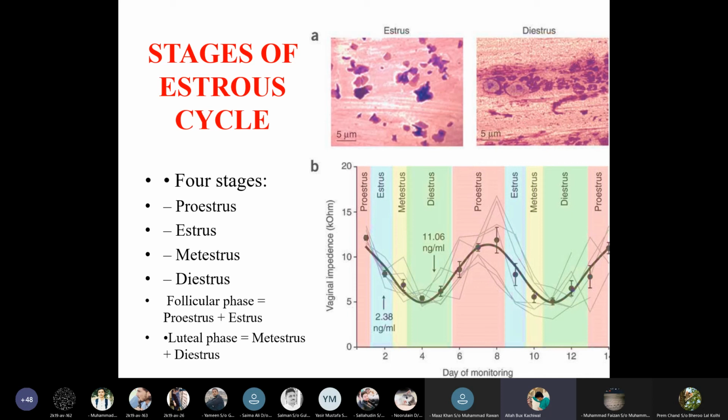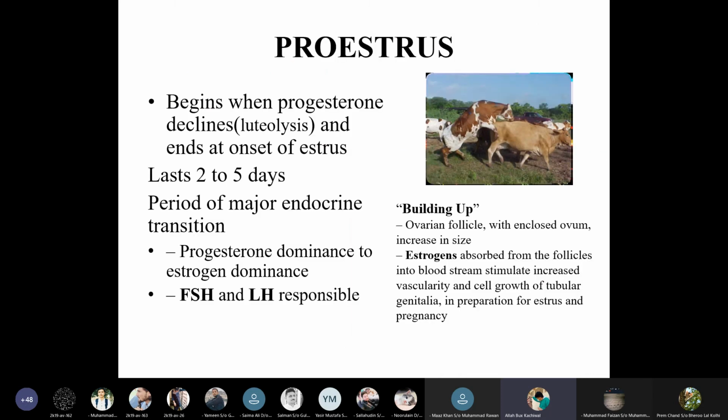This cycle starts with proestrus and has to end up at proestrus. Proestrus begins when the progesterone declines, luteolysis occurs, and it ends at the onset of the estrus. When proestrus starts, luteolysis happens, and that leads to the estrus, which lasts 2 to 5 days in a proestrus condition.